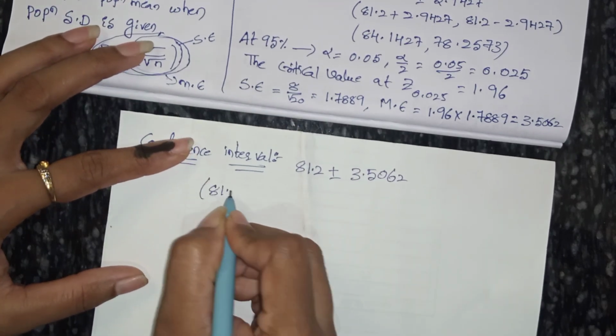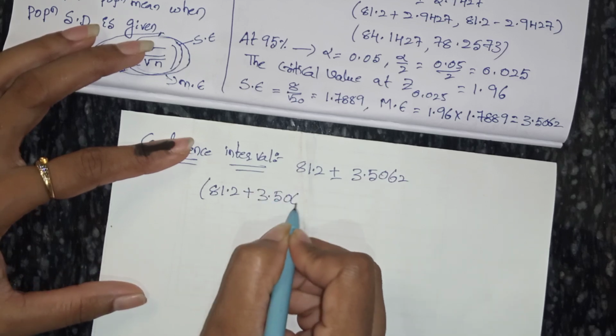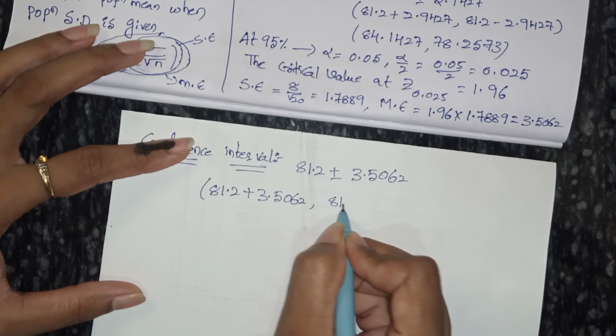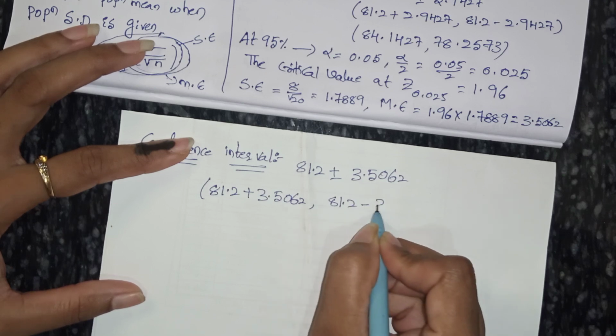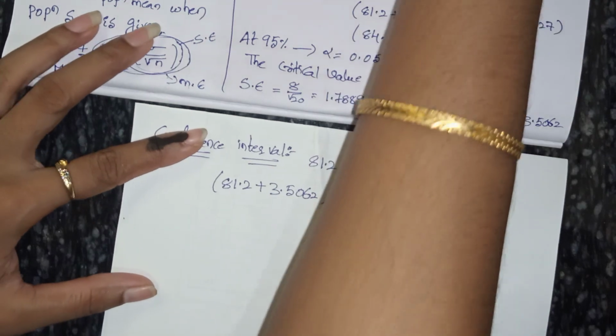Okay, so now how we'll write this? 81.2 plus 3.5062 comma 81.2 minus 3.5062. So we'll see what is the answer.